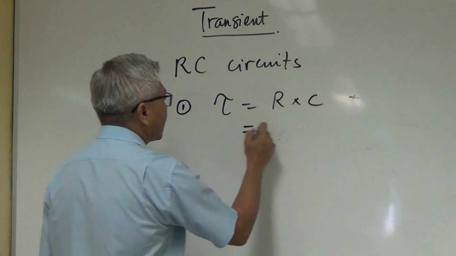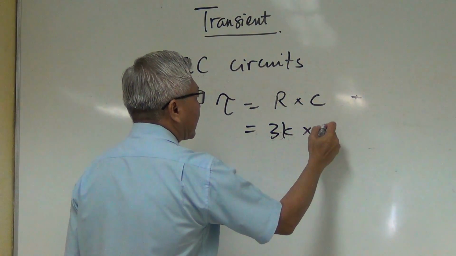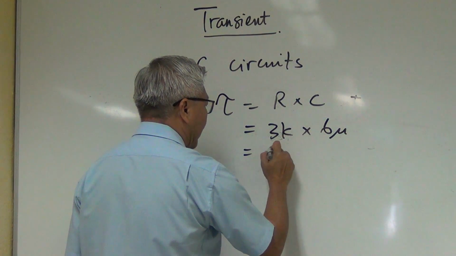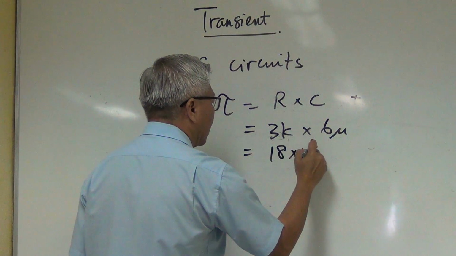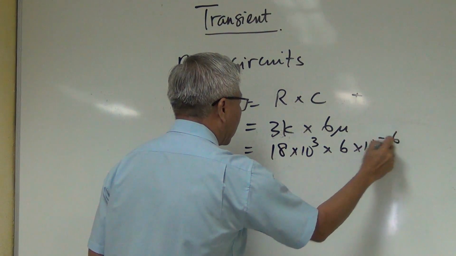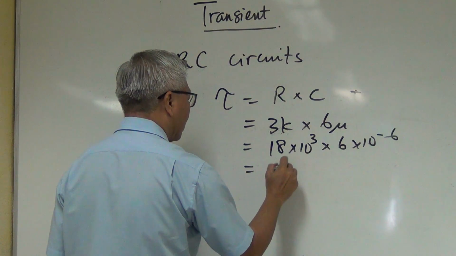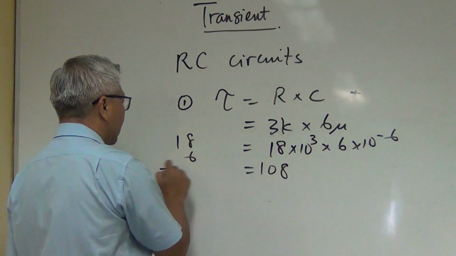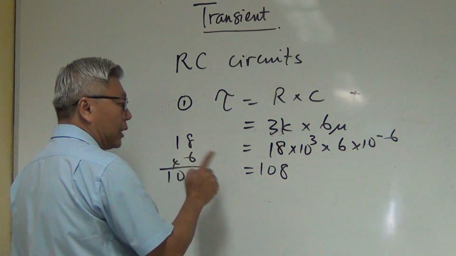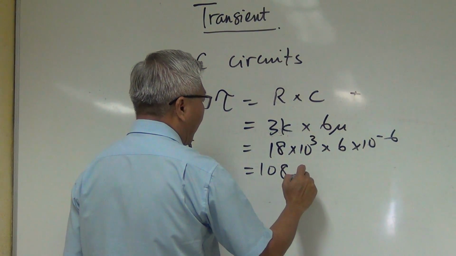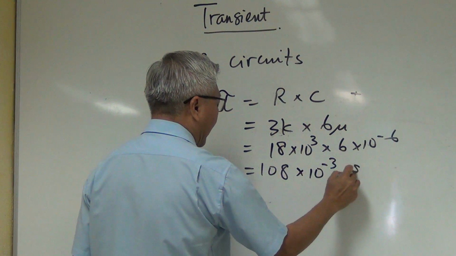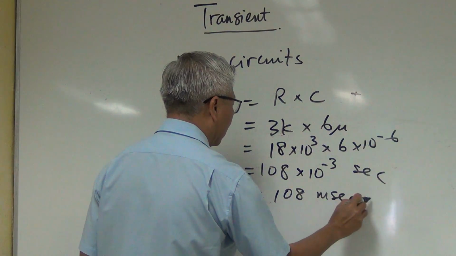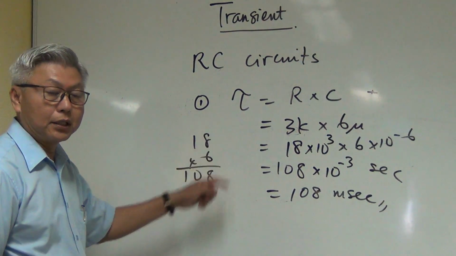So let's say the resistor is 3 kilo ohm, the capacitor is 6 microfarad, then it is equal to 3 times 6, 18, so 18 times 10 to the power 3 times 6 times 10 to the power minus 6. 18 times 6 is 108, so it's 108 times 10 to the power minus 3 seconds. So it's 108 millisecond. This is called a time constant.